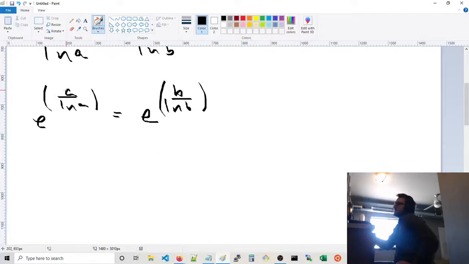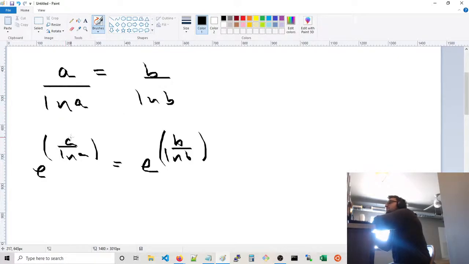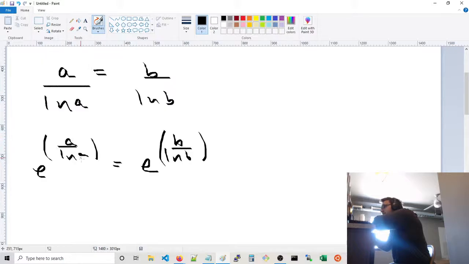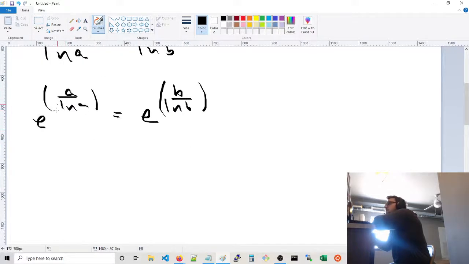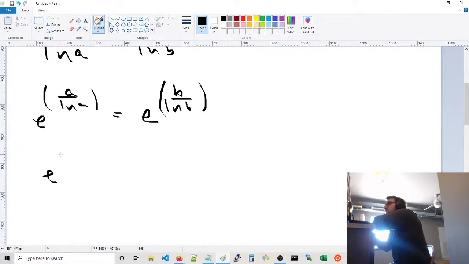That gives you e to the natural log of A raised to the A. Is that right?